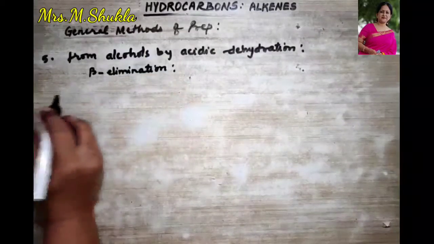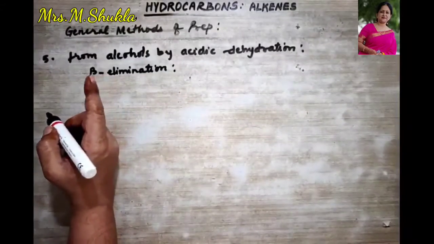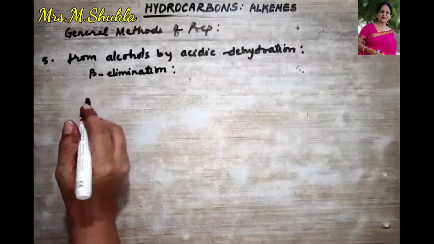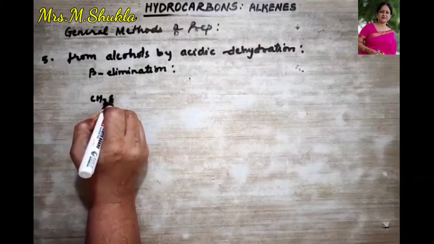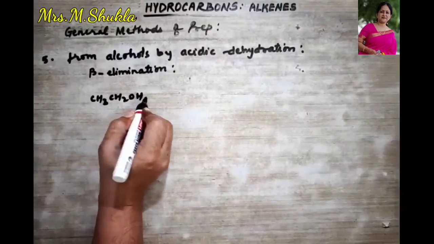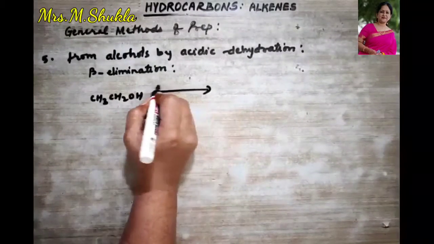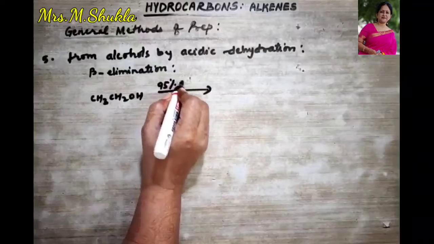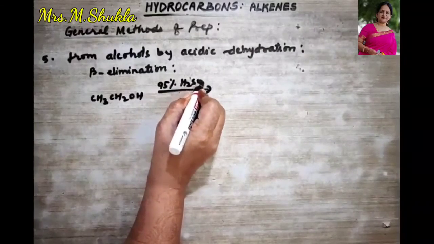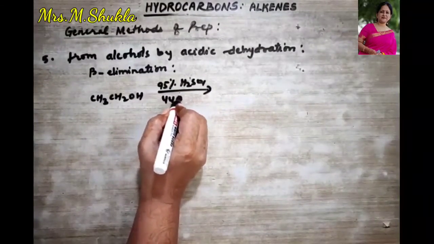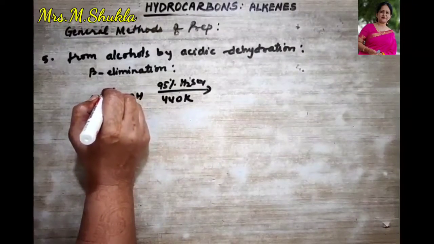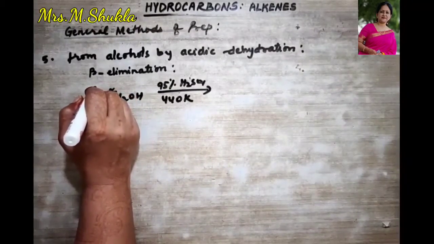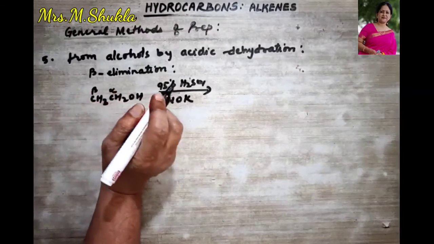So let's see, if I talk about primary alcohol, CH3CH2OH, in the presence of 95% sulfuric acid at 440 Kelvin. Now over here, this is your alpha and this is your beta carbon, right?